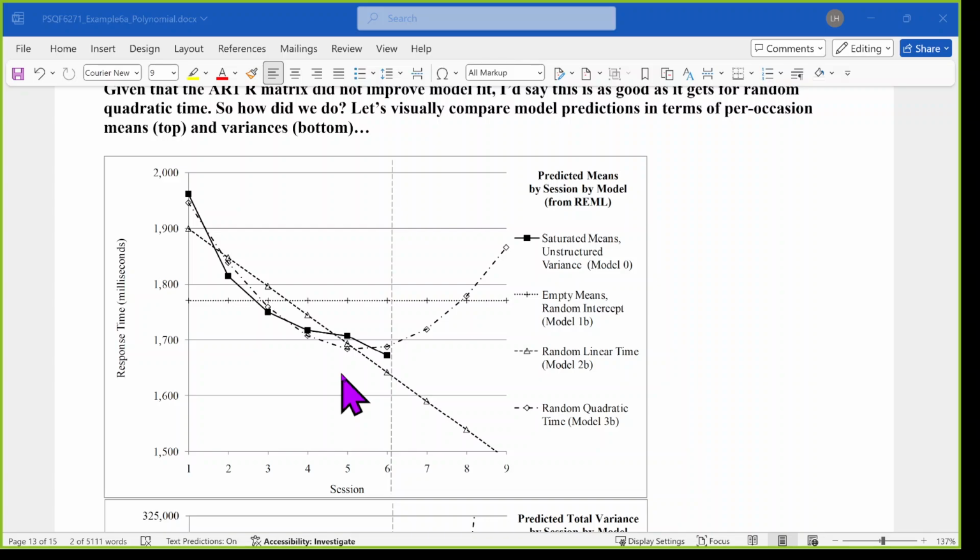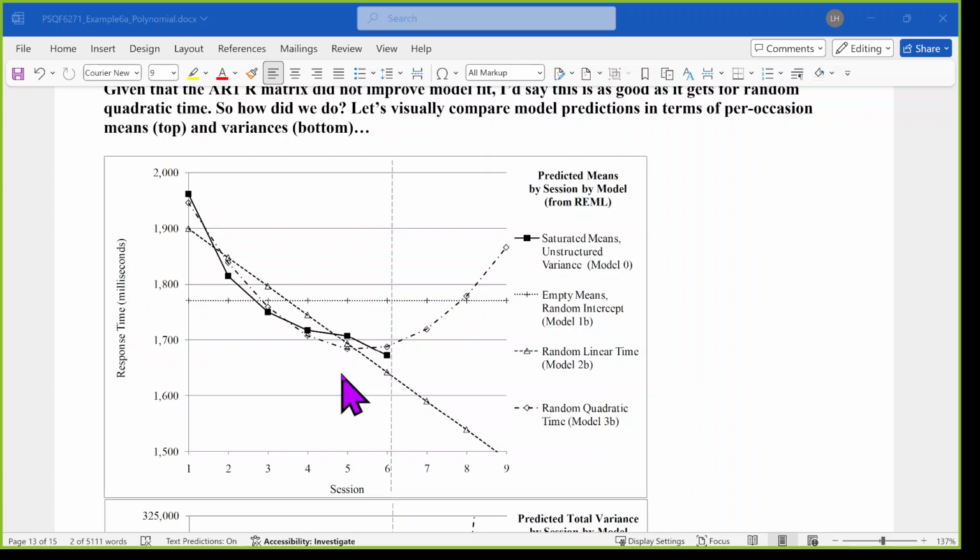Can I use a likelihood ratio test for that? Not in REML. That is correct. If we were in maximum likelihood, we could, but not in REML. Does that mean that I don't have to worry about testing absolute fit? Oh, sorry, can't. I'm in REML.